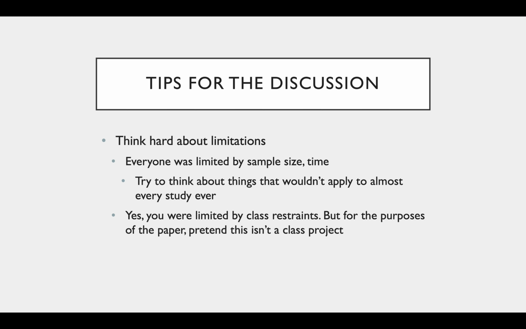So try to pretend this wasn't a class project for the purposes of your write-up, especially in the limitations section. You do need to have at least 2 limitations listed in your paper. You can talk about a low sample size, but that's not going to count as a limitation. So 2 other limitations besides small sample size. You're going to have to get a little more creative.